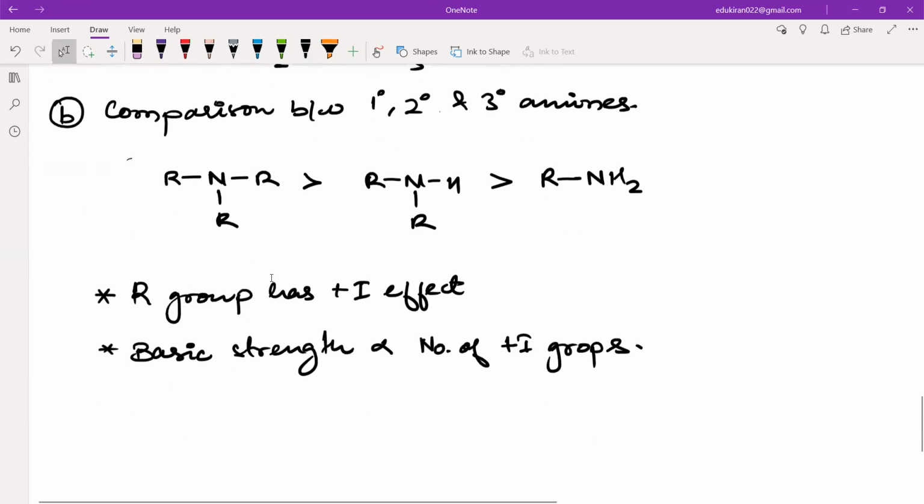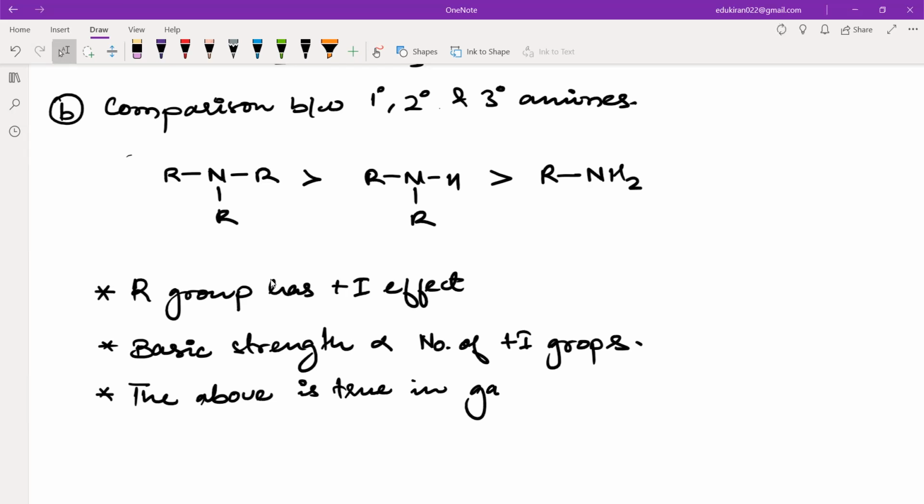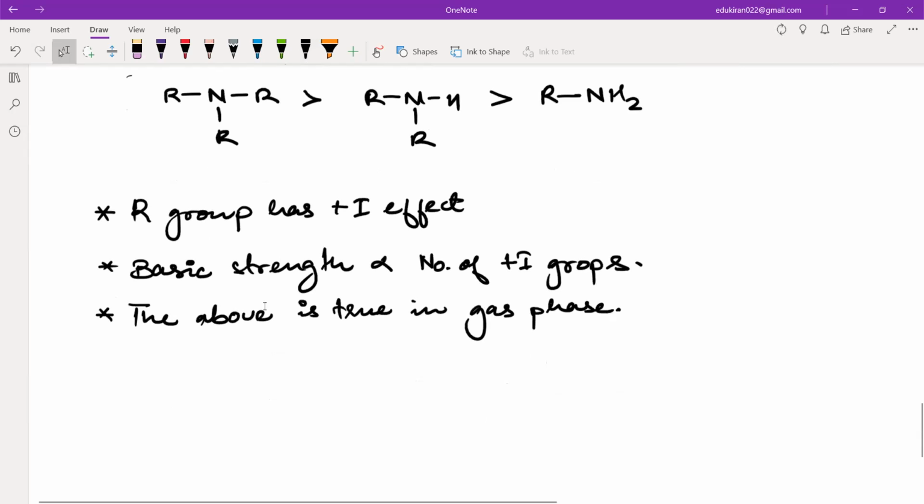Now, write one more point, that the above is true in gas phase. When they are in gas phase, but when they are in aqueous state, then we have seen that the tertiary amine is very less basic.